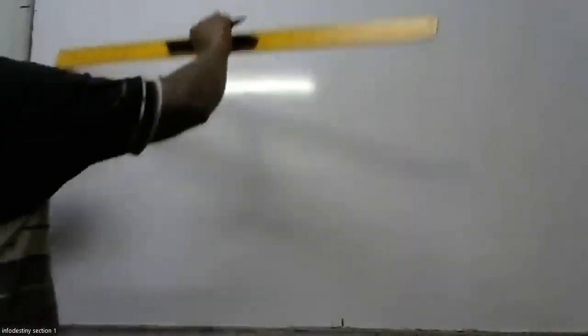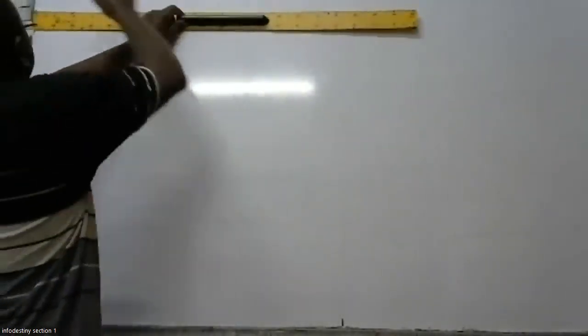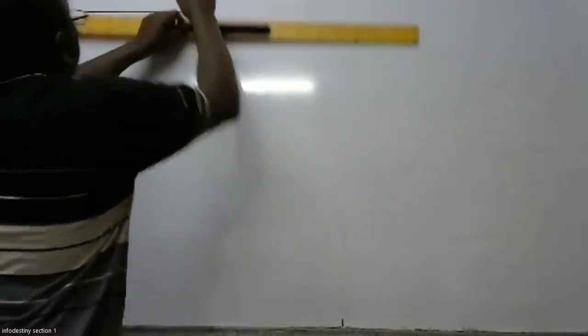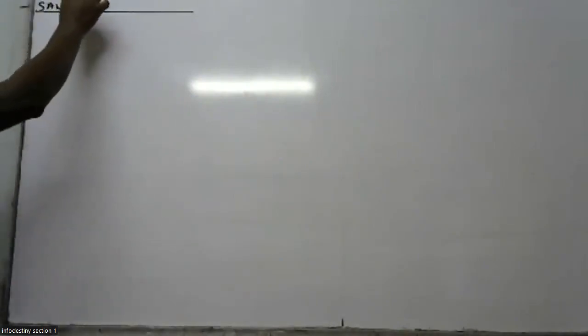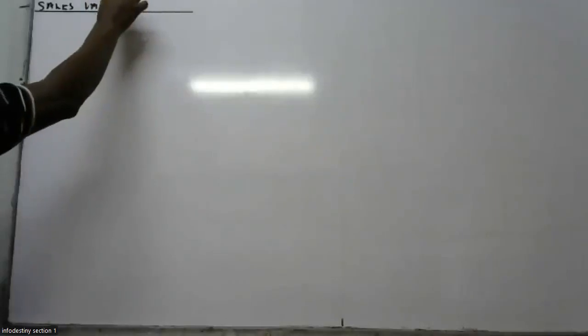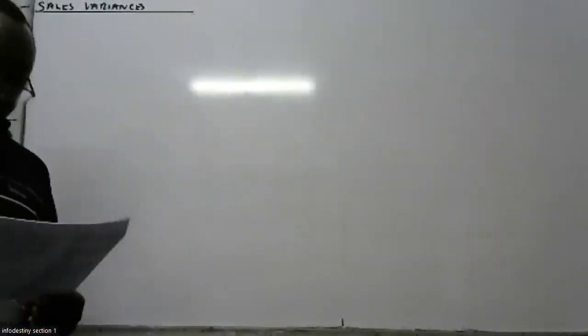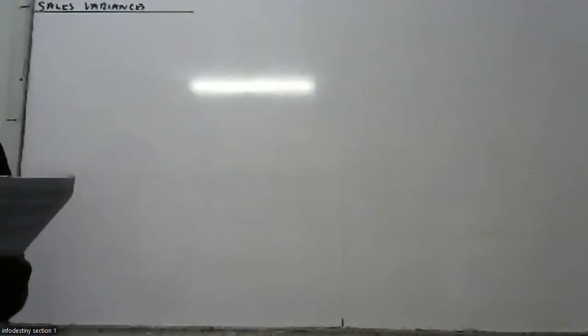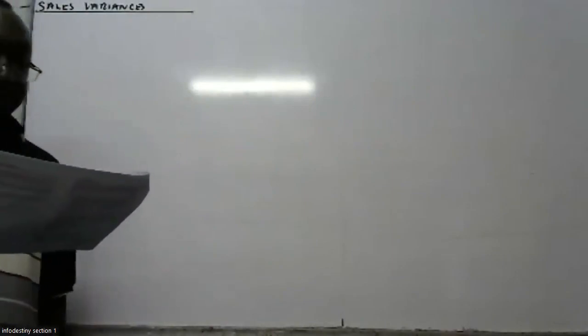So today we begin with sales variances, where we had stopped in the last lesson. We are going to use question number 2 in our handout, on page number 9.